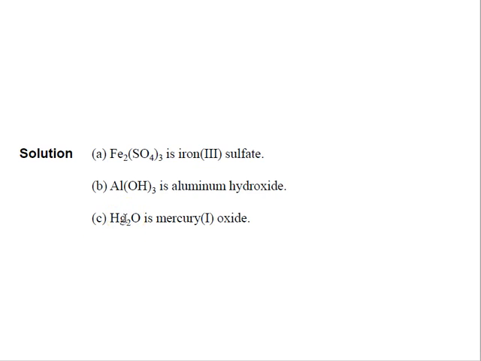Looking at the last one, this is not a situation where you have a polyatomic. This is just a normal oxide. But you do have to deduce which charge state of mercury it is, because mercury is also multivalent, meaning it has more than one possible positive charge.